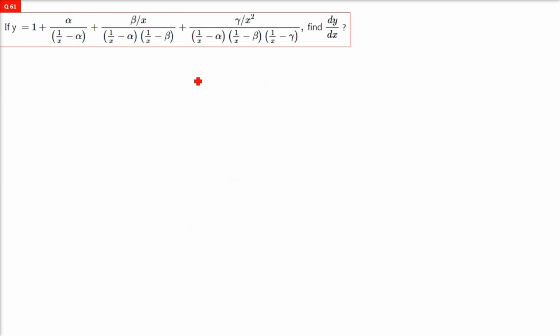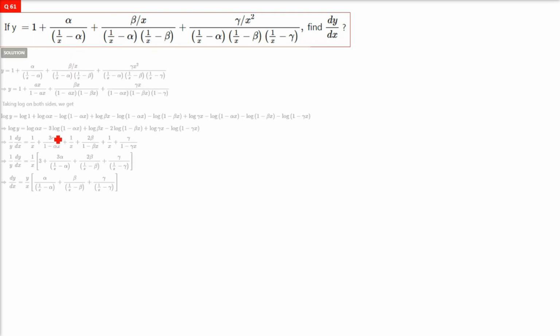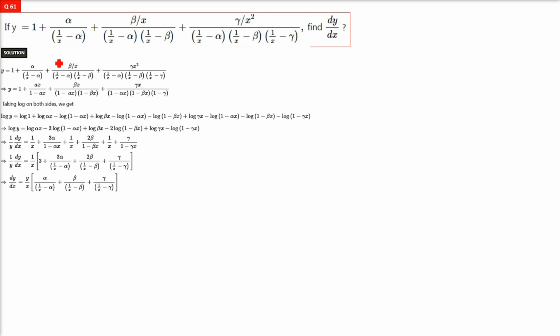Now this question, so we have alpha, beta, gamma, and when we just resolve this, you will see it will be quite easy. So first we'll simplify it, and then we'll take the log, and then we'll take the differentiation. Okay, so 1 plus, this is alpha divided by 1 by x minus alpha.